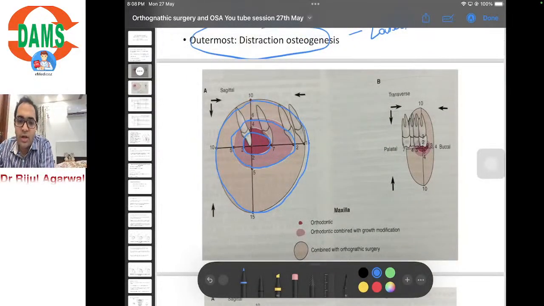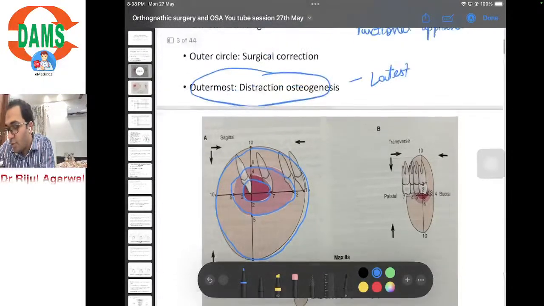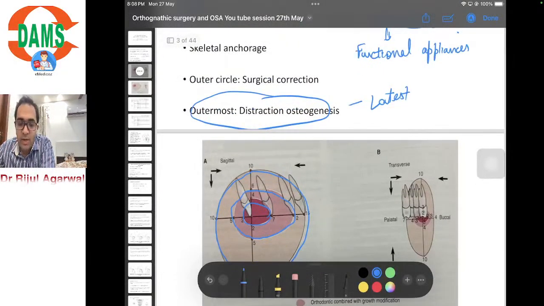The outer circle represents the movements which can be carried out with orthognathic surgery. Now there was a confusion which occurred in the NEET exam. The options contained orthognathic surgery, and orthognathic surgery along with orthodontics. Students, please note, no orthognathic surgery can be carried out without some kind of orthodontics.